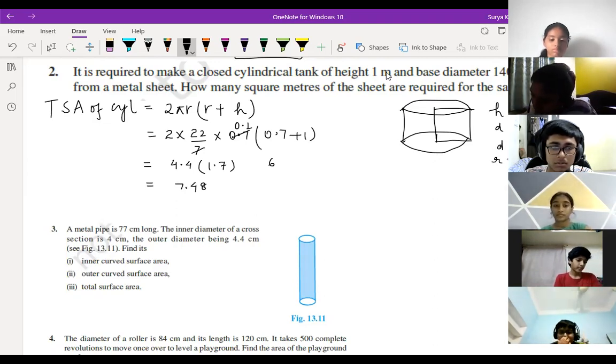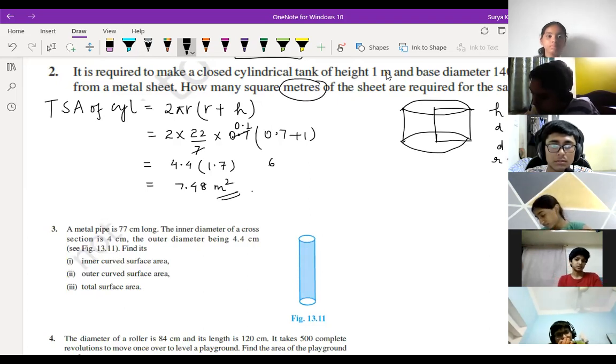So the answer is 7.48 meter square. They are asking in square meters only, so no problem. If you find it in centimeters, again you have to convert to meters. Is it clear to everyone?